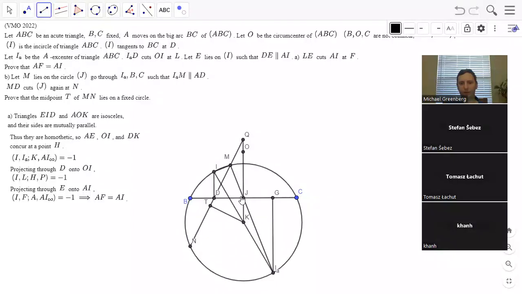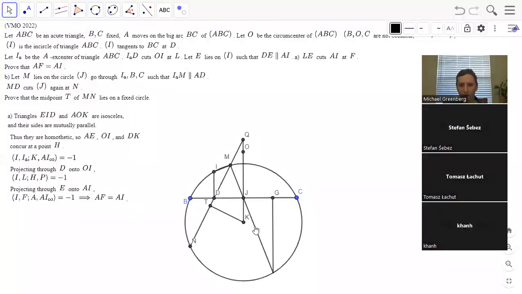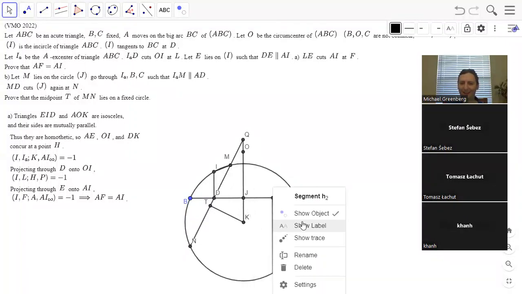We don't even need I_A. Well, I was thinking, I M J is just 90 degrees. And this means that M is actually just the Humpty point of IBC. Okay. So we basically get rid of everything. I like it.